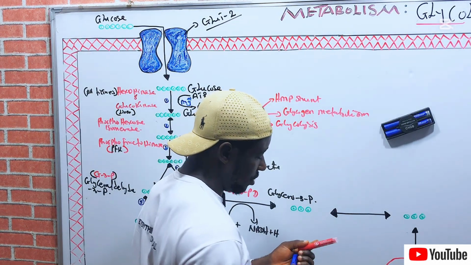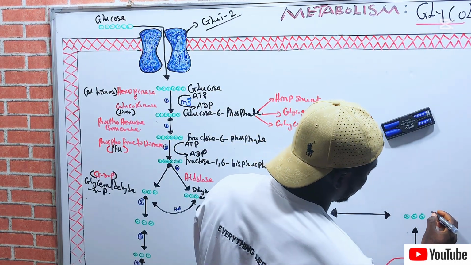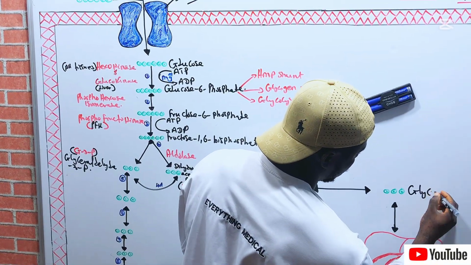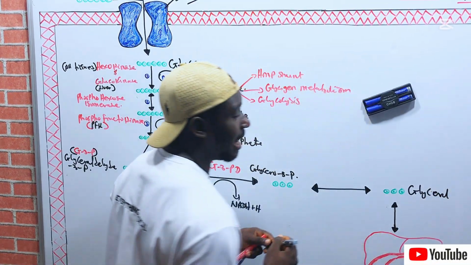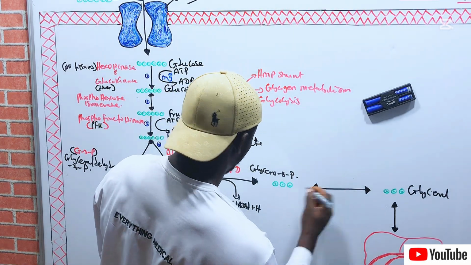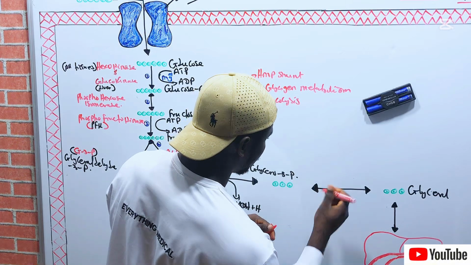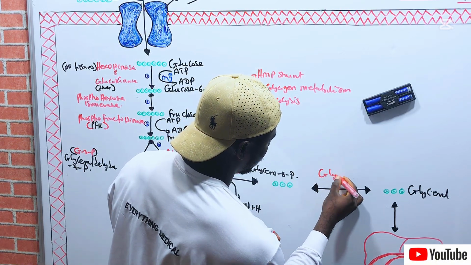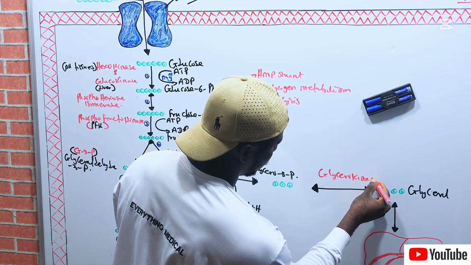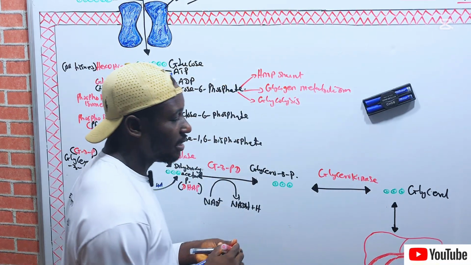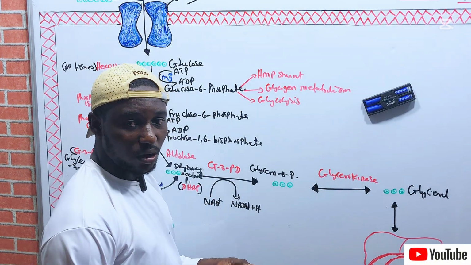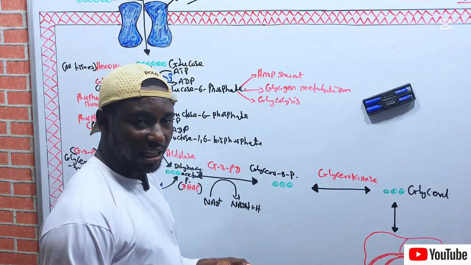So this is glycerol, by an enzyme called glycerol kinase. That means since it's a phosphorylation reaction, ATP is what is generated, right?